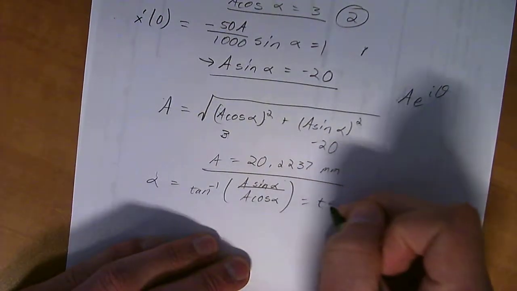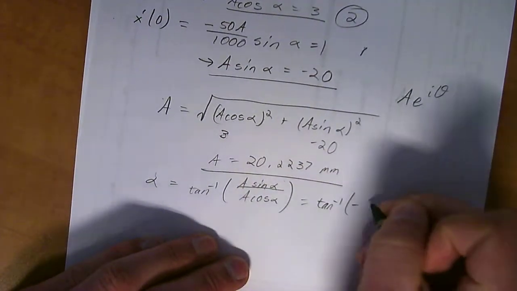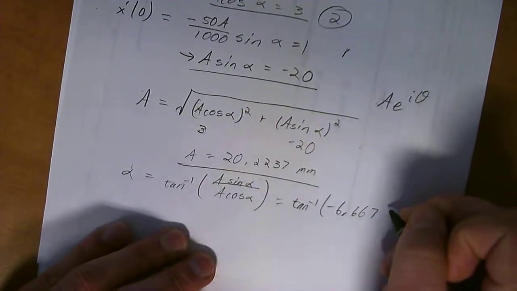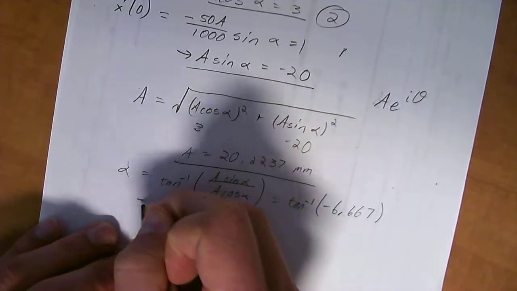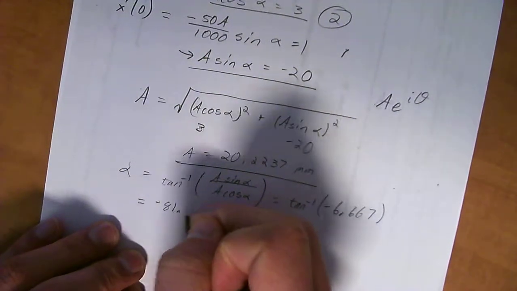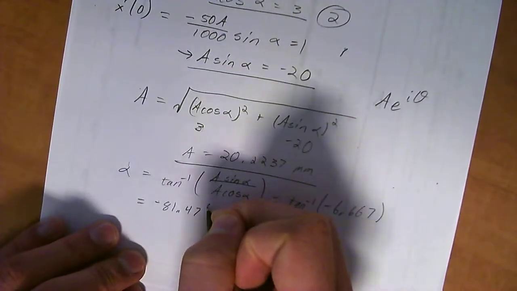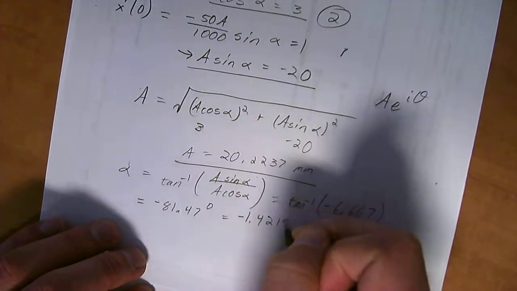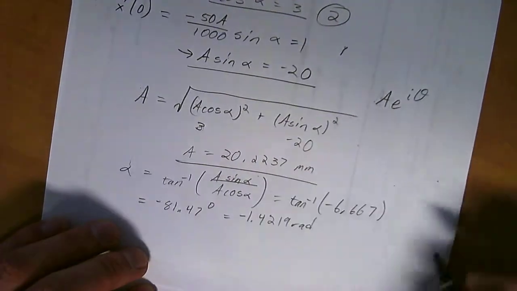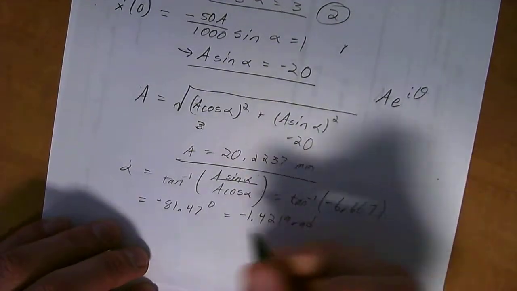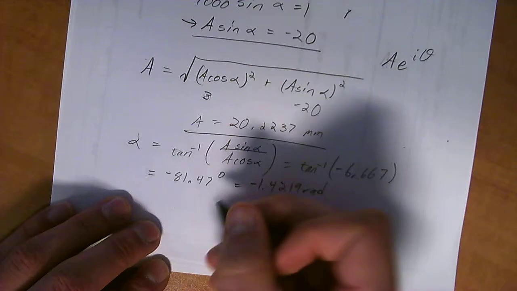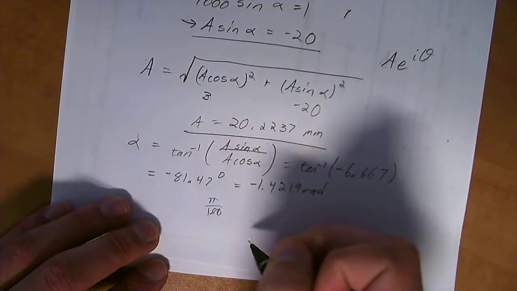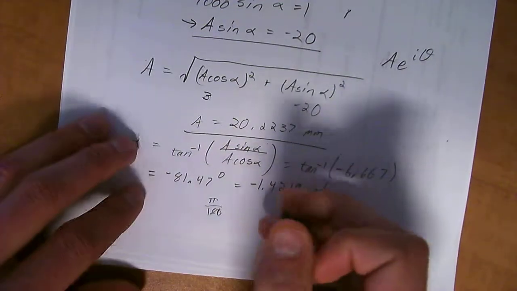So you get the inverse tangent of negative 6.667, and that solves to negative 81.47 degrees, which is equal to negative 1.4219 radians. And if you don't know how to work with radians, you should get used to it, because in vibrations, radians are always handier, and the conversion is pi over 180 times degrees if you're ever lost on that.